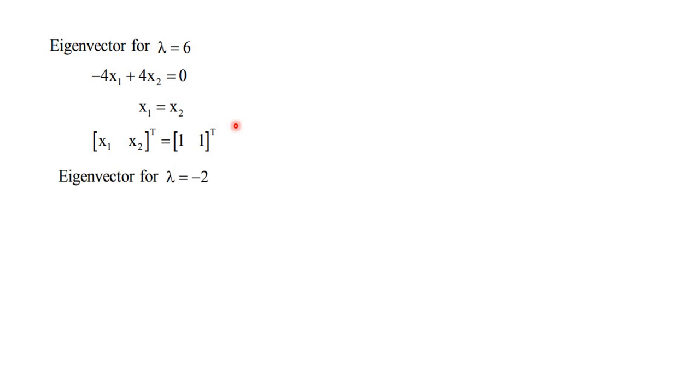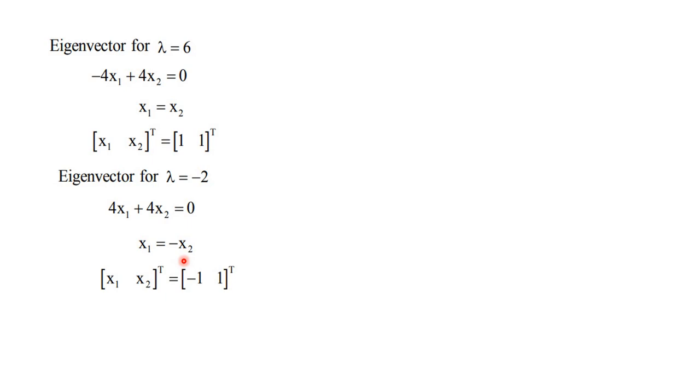Now we calculate the eigenvector for lambda equal to minus 2. Substituting the value of lambda equal to minus 2 in the characteristic matrix A minus lambda I, we get 4x1 plus 4x2 is equal to 0. That is, x1 equal to minus x2.